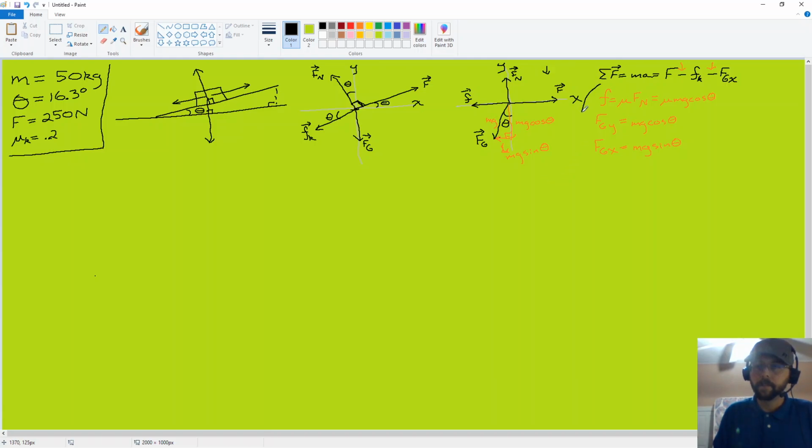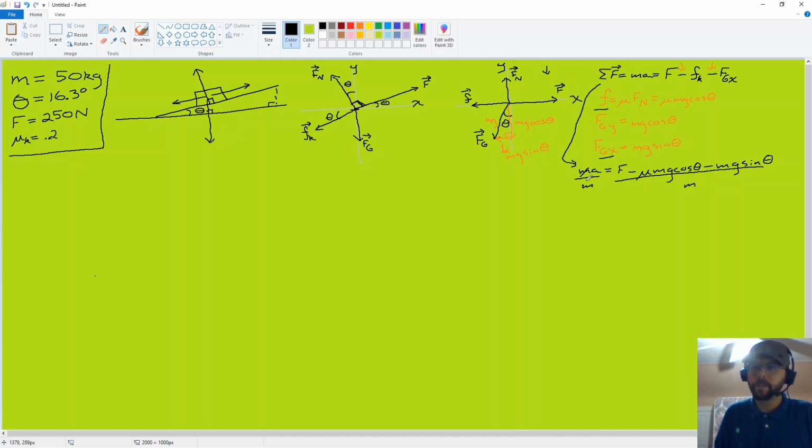So, rewriting this sum down here, we have mass times acceleration equals the force that we were given, minus the kinetic friction force, which is mu times mg cosine of theta, minus the force of gravity in the x direction, which is mg sine of theta. One nice thing to do before plugging everything in is to divide both sides by m.